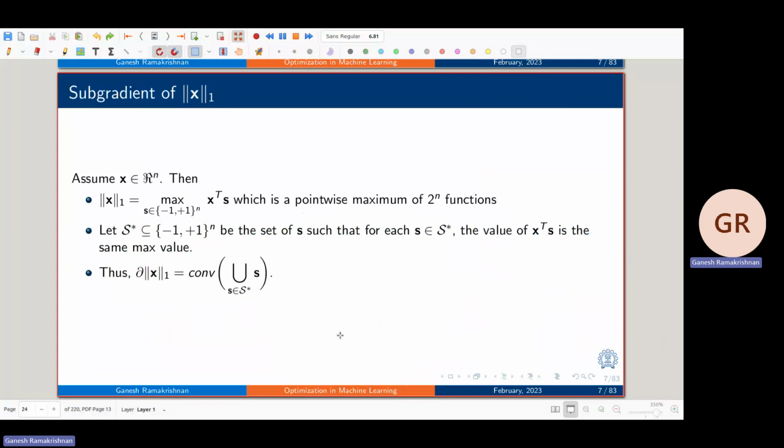It's S, right? It's basically the convex hull over the union of S in S star X of just the S. That's it. The subdifferential of S transpose X is S because it's differentiable, a particular S transpose X. So that's what you get. Understood?